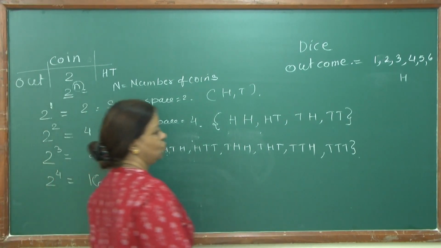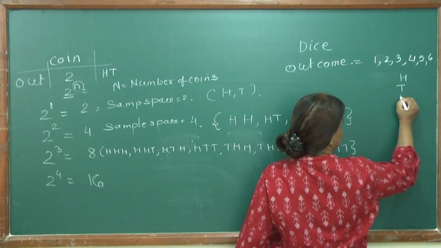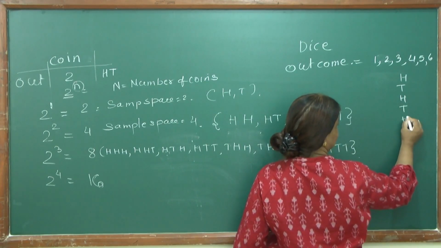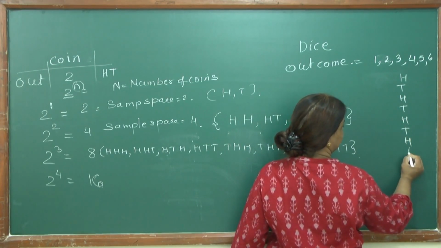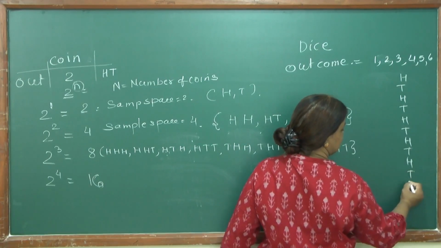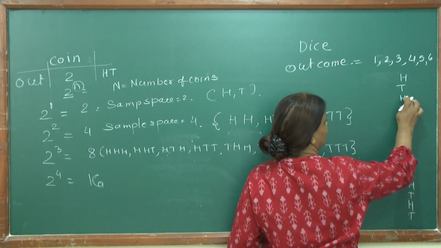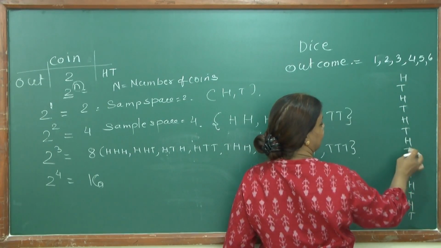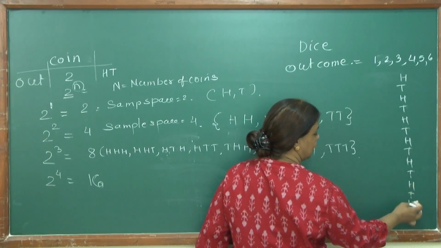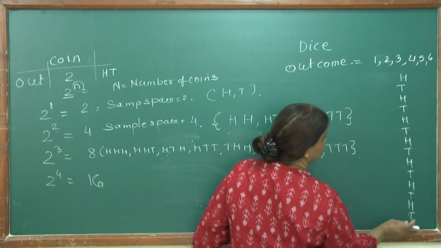Okay. So H T H T H T H T H T H T H T. 1 2 3 4 5 6 7 8 9 10 11 12 13 14.